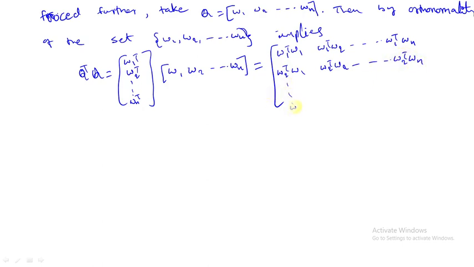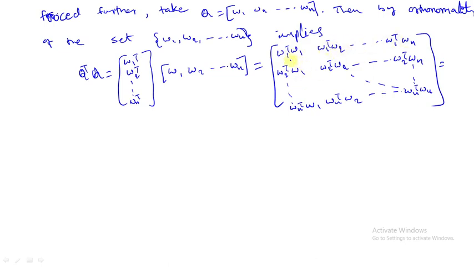The last row is wn transpose w1, wn transpose w2, and so on up to wn transpose wn. These are orthonormal vectors, so the product of a vector with itself is 1, and with the other vectors it is 0.